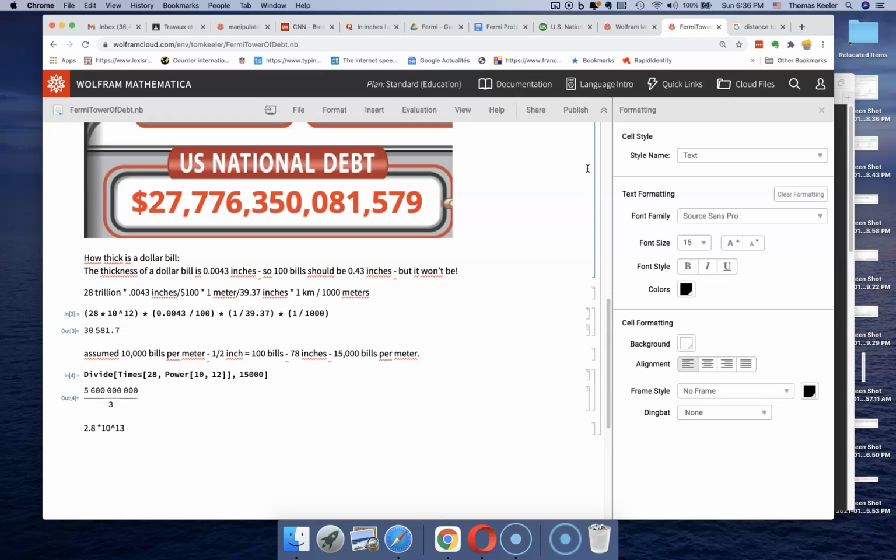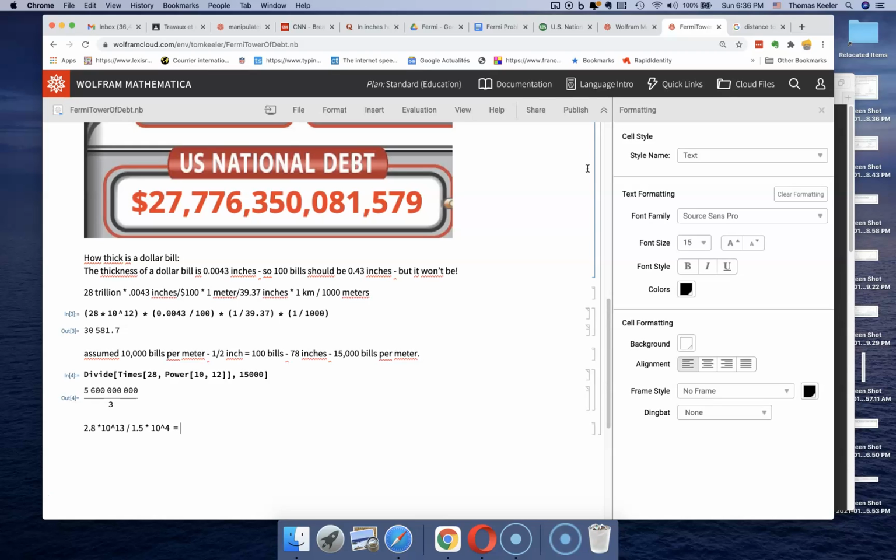And we're going to divide by 15,000 bills per meter, but times 1,000, so 15 million bills per meter, which is 1.5 times 10 to the 7th.